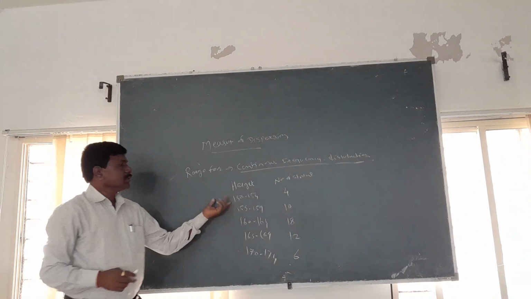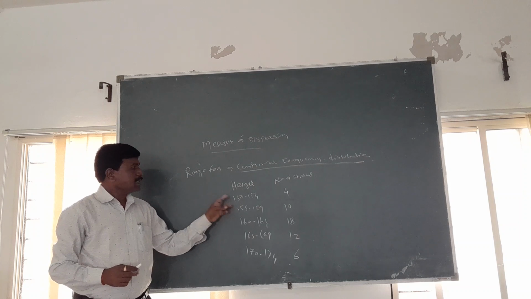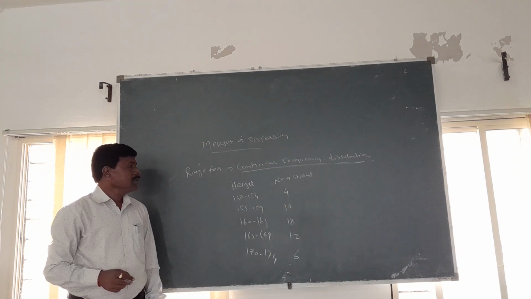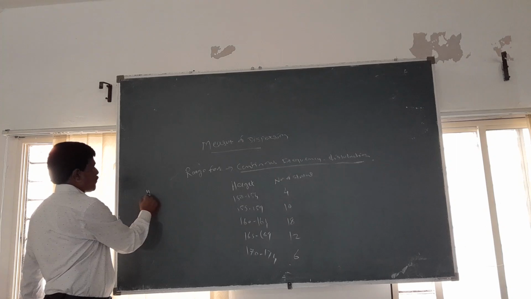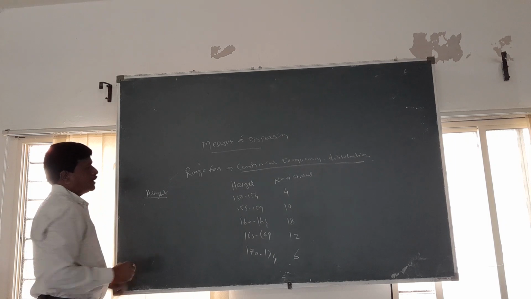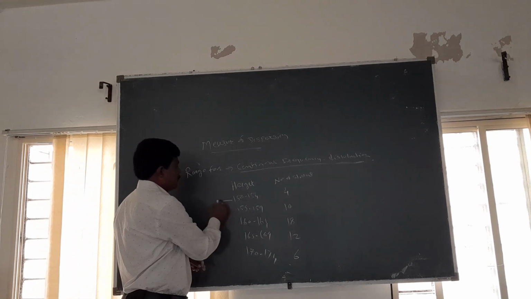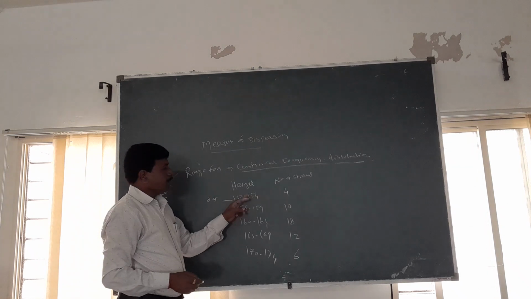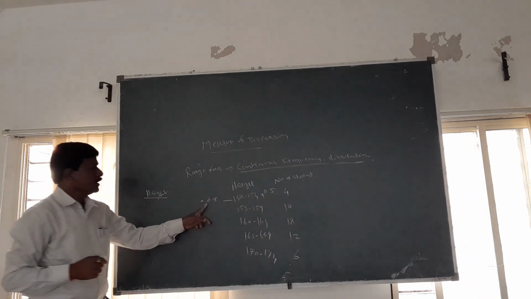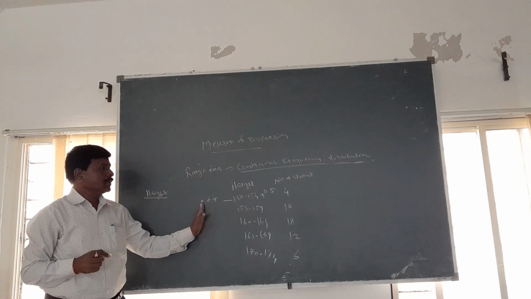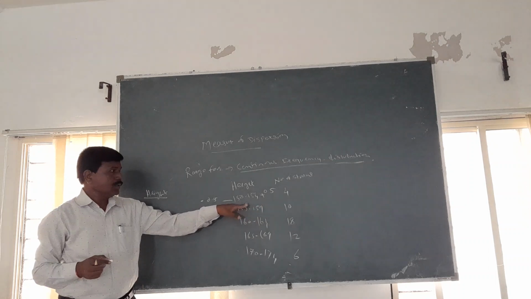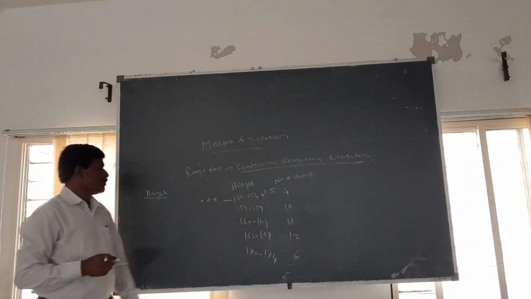Here the class intervals are not continuous, so we convert the class intervals to continuous. We subtract 0.5 from the lower limit and add 0.5 to the upper limit to convert to a continuous variable.